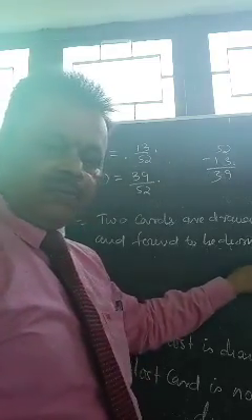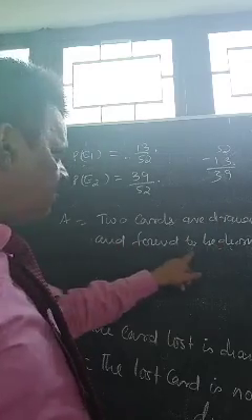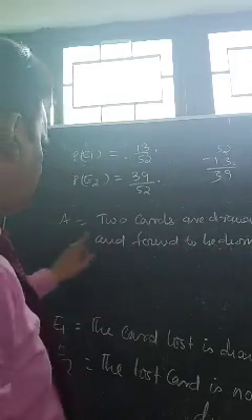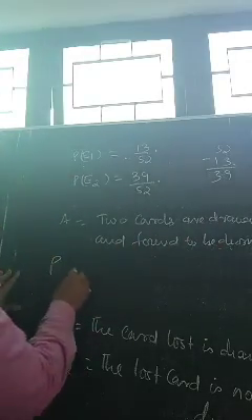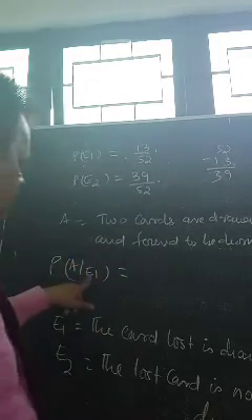So here is a condition. 2 cards are drawn and found to be diamond. So what will be the probability? A condition E1. What is E1 condition?